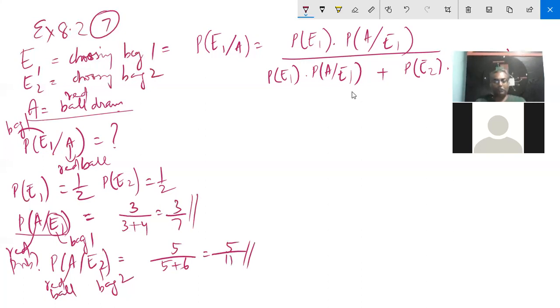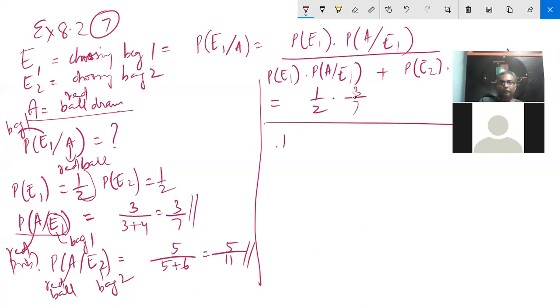Now you know all the 4 values you needed. Now you can start substituting in the formula. P of E1 is how much? Half. Half into P of A by E1, which is 3 by 7, divided by, again P of E1 into 3 by 7 plus now P of E2.